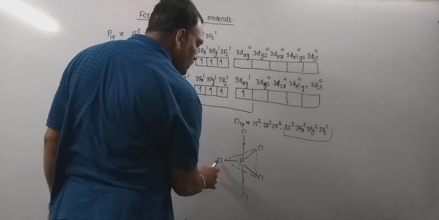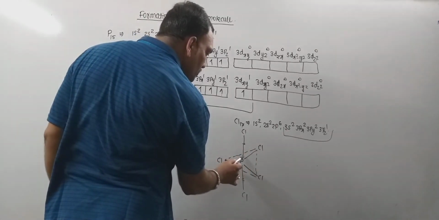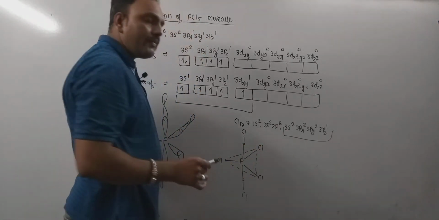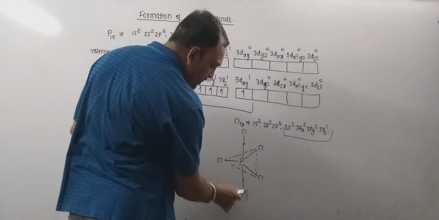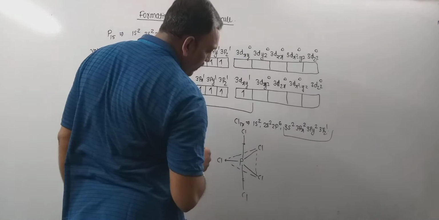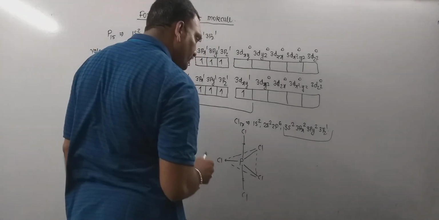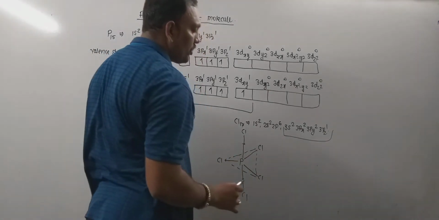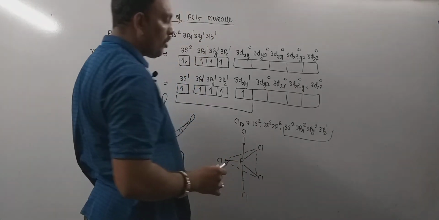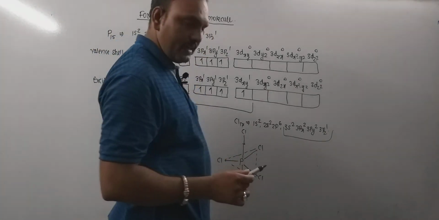Now the Cl-P-Cl bond angle is 120 degrees with what? The equatorial plane, but the Cl-P-Cl axial angle is 180 degrees, and the axial and equatorial PCl bonds are at 90 degrees.